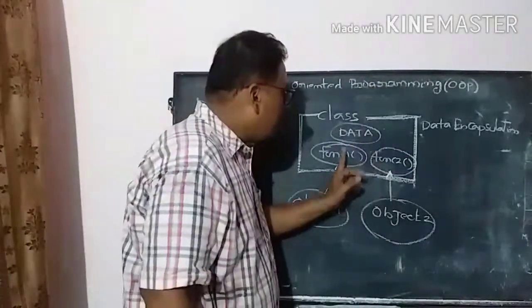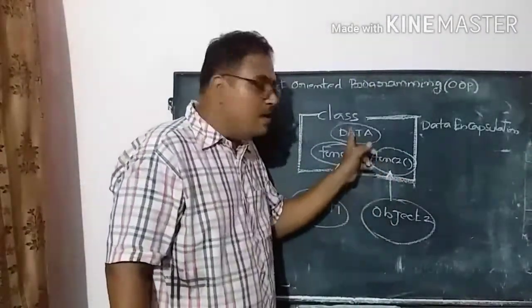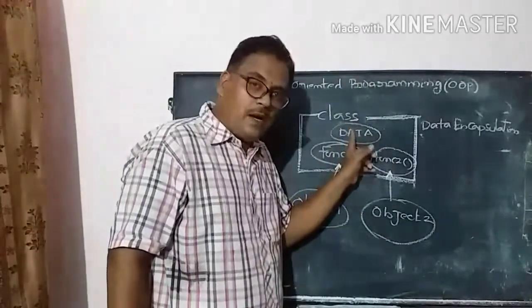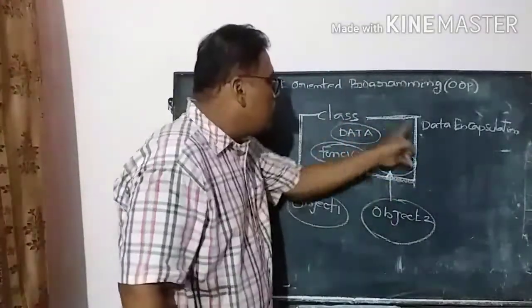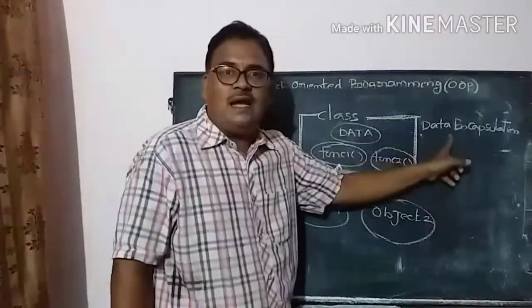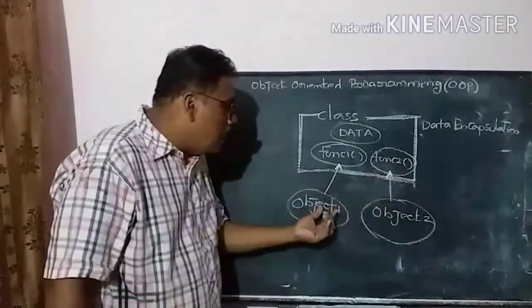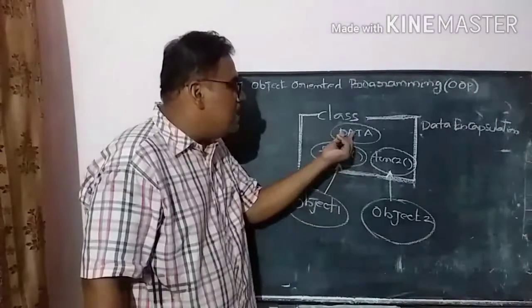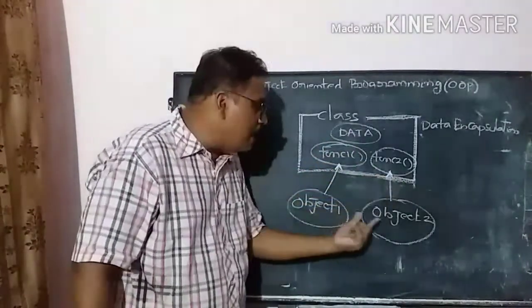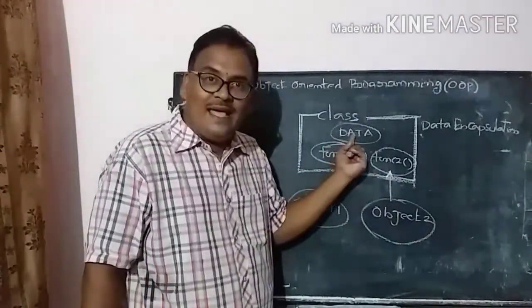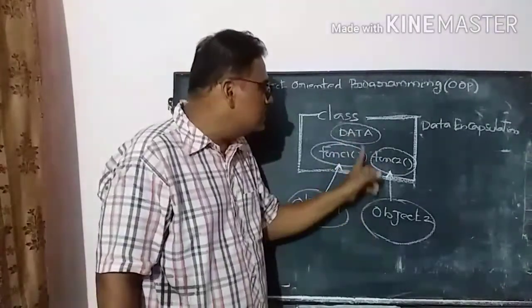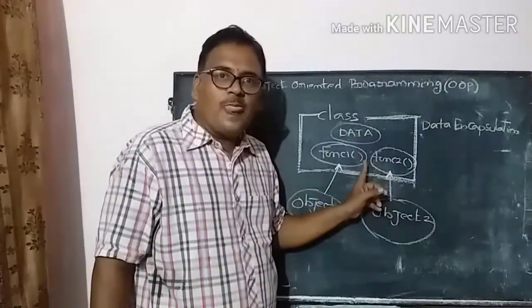Here data and function 1 and function 2, the functions which operate on particular data, are put into one unit, that is called data encapsulation. So objects will utilize the data through functions. They cannot use data directly.